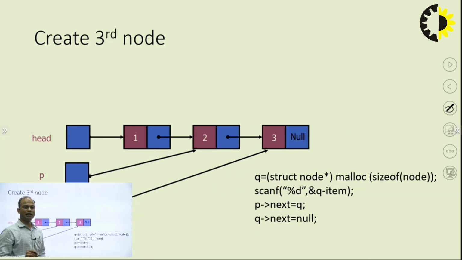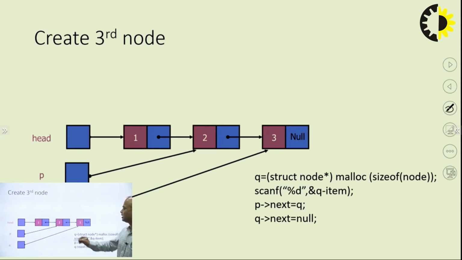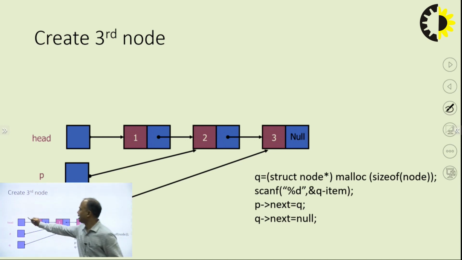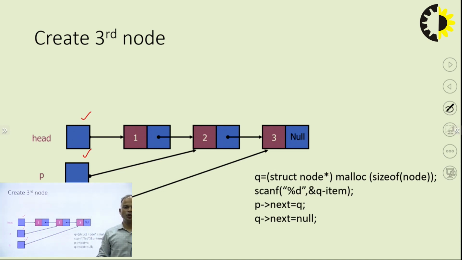Now for the better understanding, we are trying to create one more node. How we can create here one more node? So we can refer to this particular diagram. Further we have here 3 pointers, head pointer, P pointer and Q pointer, which contain the address of different memory locations.